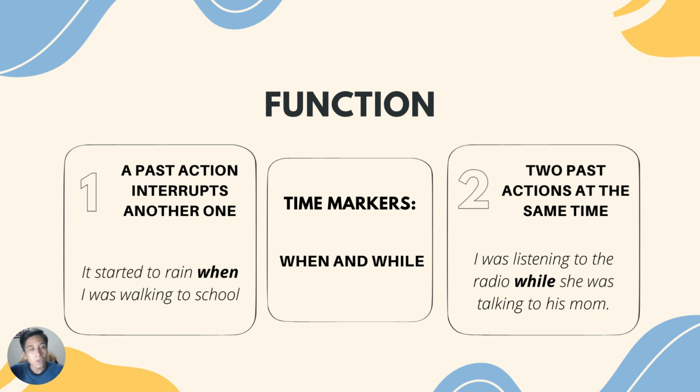And we also use the past continuous tense when two past actions are happening at the same time, or two parallel actions are happening at that moment in the past. And for it, we use the time marker while. For example, I was listening to the radio while she was talking to his mom. In this case, we know that these actions are happening at the same time.